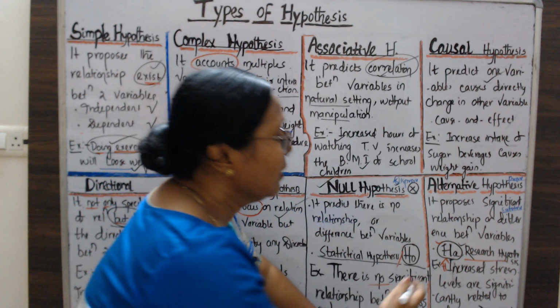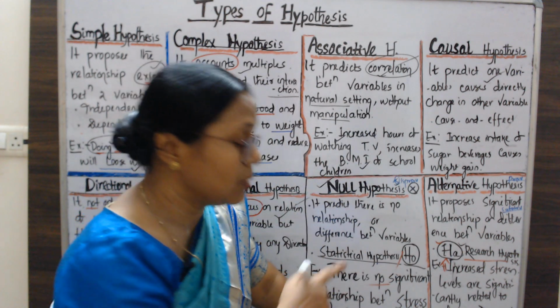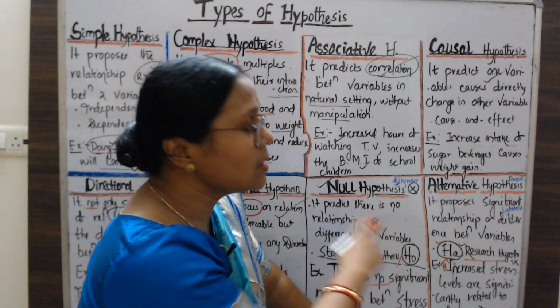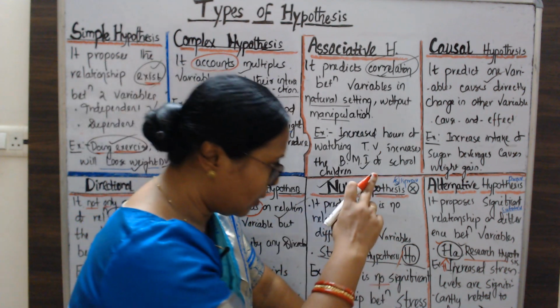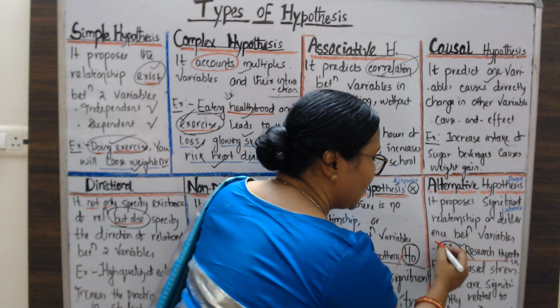So increased stress level is significantly related to decreased immunity of the person. This is the research hypothesis, or alternative hypothesis, and it is represented as HA.